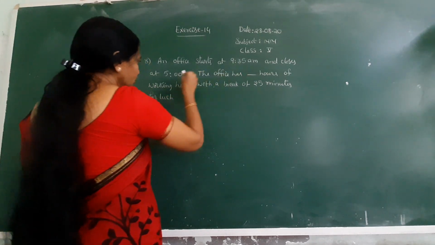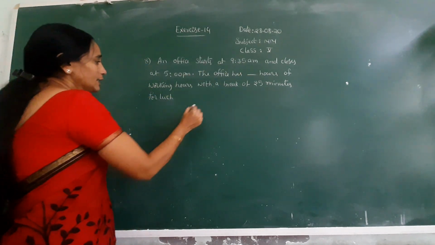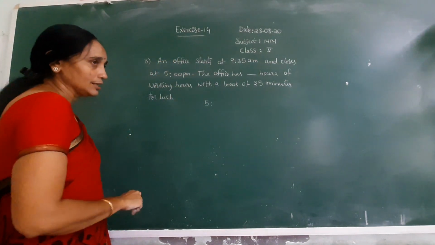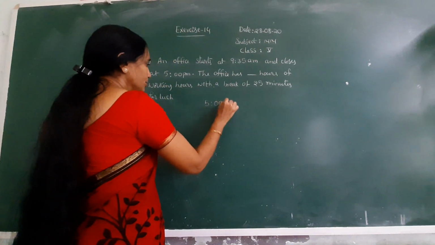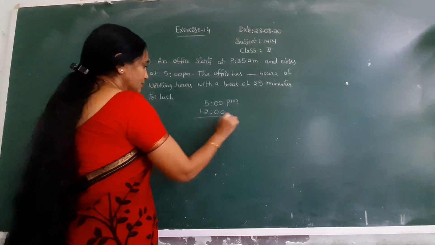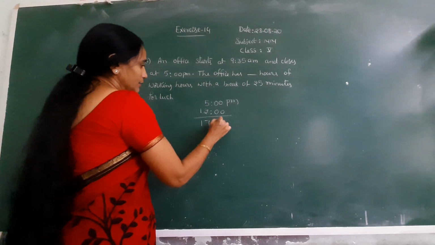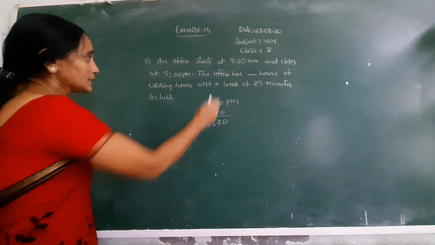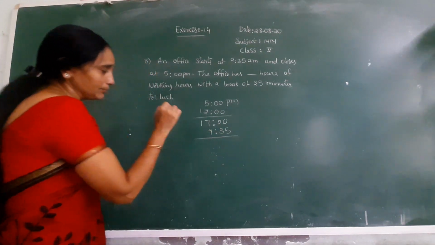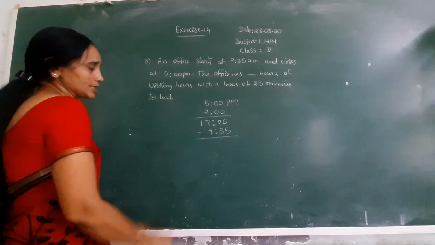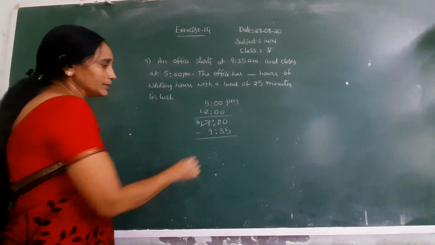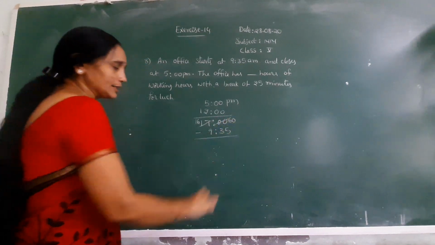First, what duration you have to find here. I already explained: crossing from one session to another, you have to add 12 to the PM time. You cross the noon session, that's why you should add 17 hours, and it starts from 9:35. You have to subtract from this. You have to take a borrow. This is 16 hours and 60 minutes.